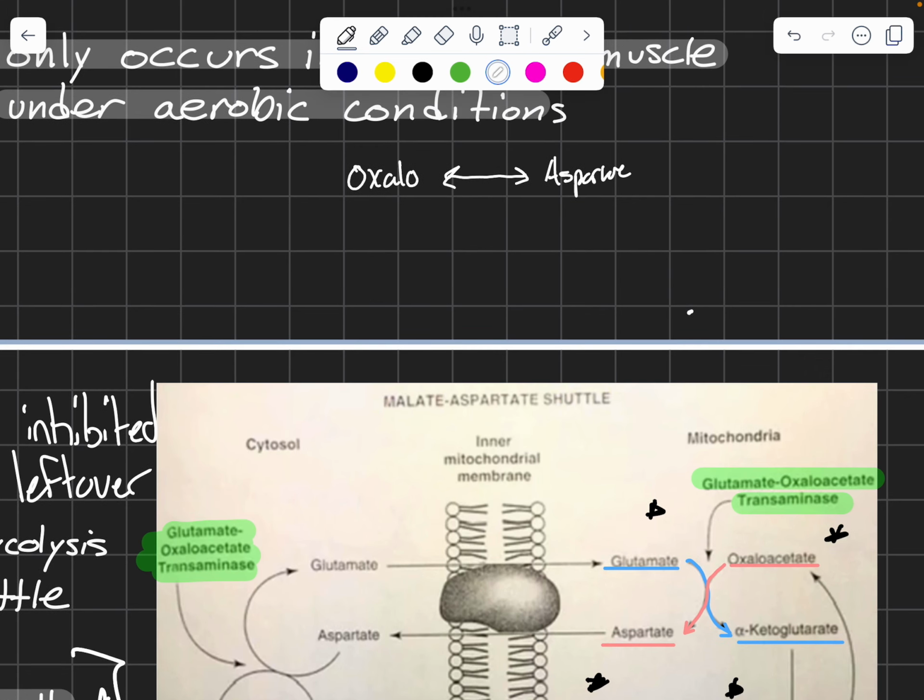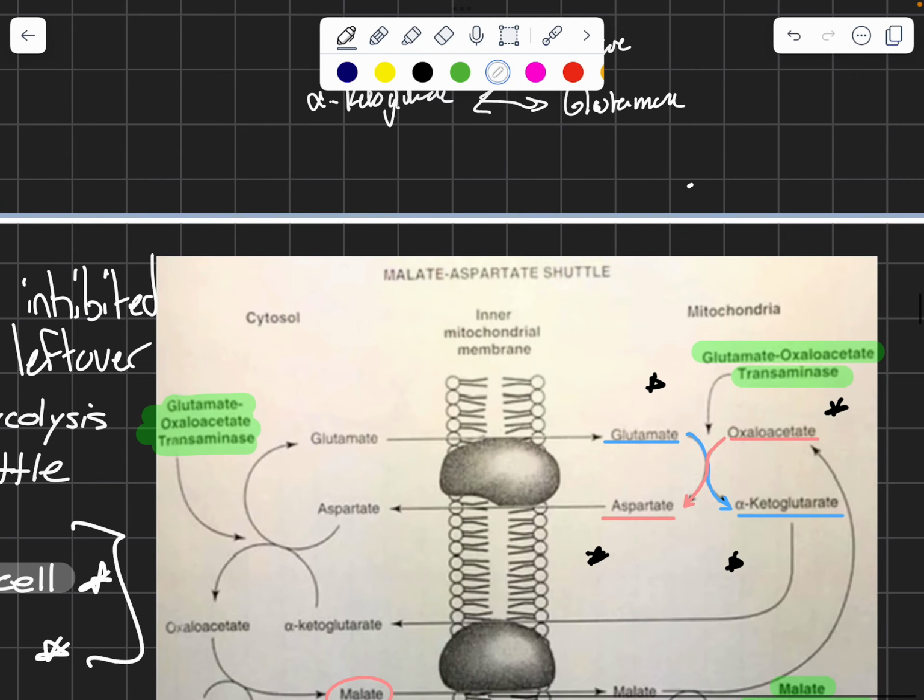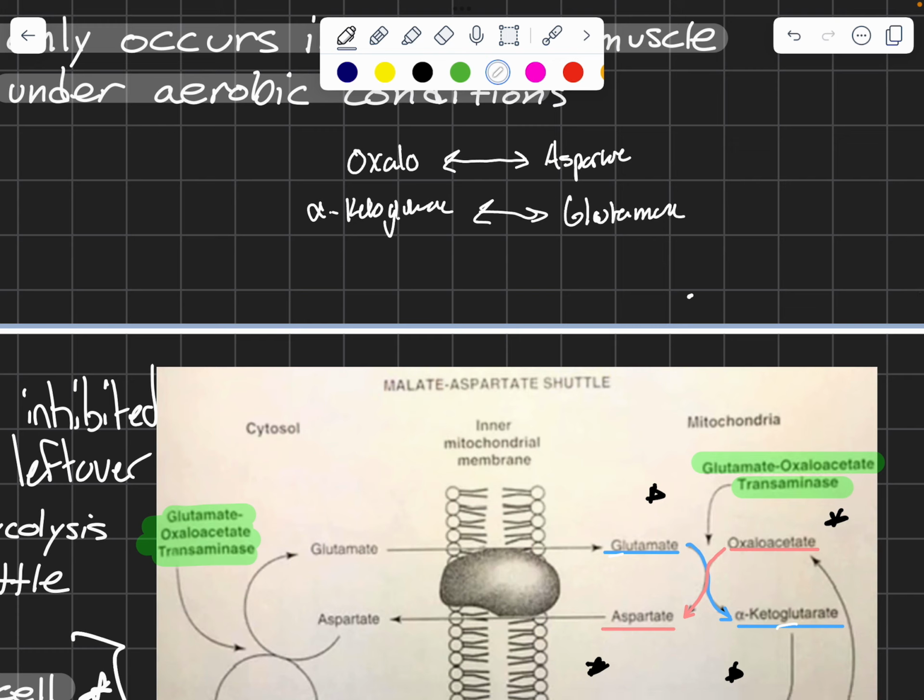And then we can also look at alpha ketoglutarate, and that is synonymous with glutamate. I just like to remember that we just see G and G. That's how I remembered it, and it got me through biochem too. So maybe it'll help you guys with the same trick.